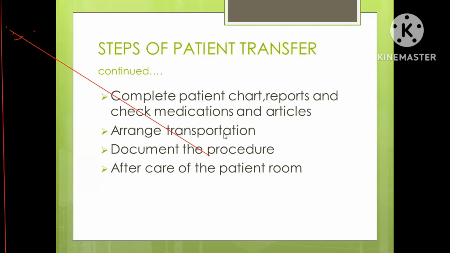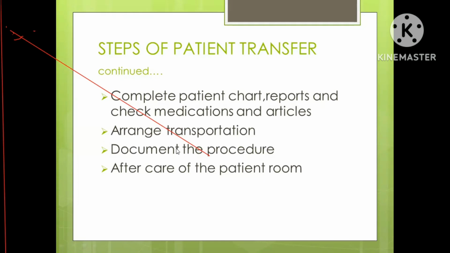Then arrange for transportation. That means sometimes we will transfer the patient in a wheelchair, or sometimes in a stretcher, or sometimes the patient will go by walk. Or if we are going to transfer to another hospital, there should be some particular vehicle for transportation. So we have to arrange transportation. Then document the procedure. Documentation, record. That is, we have to record each and everything.